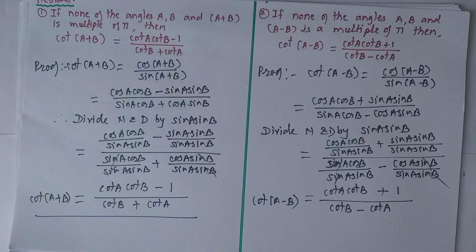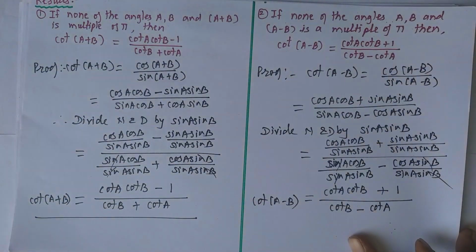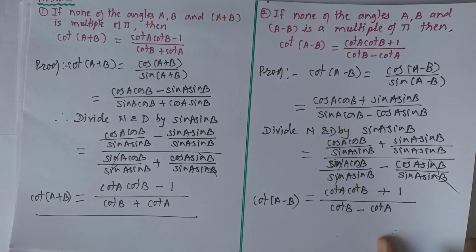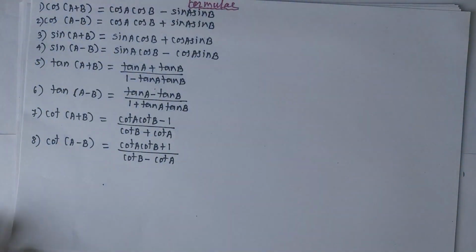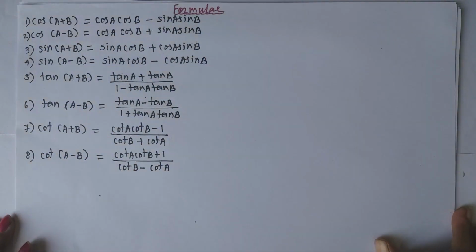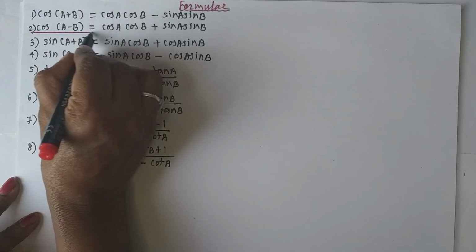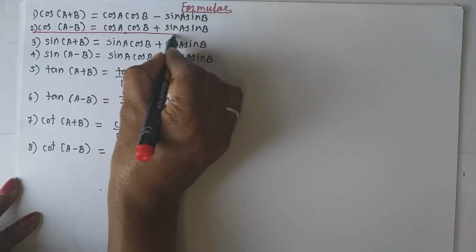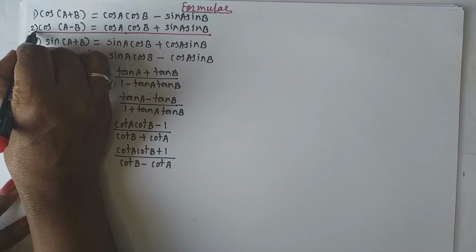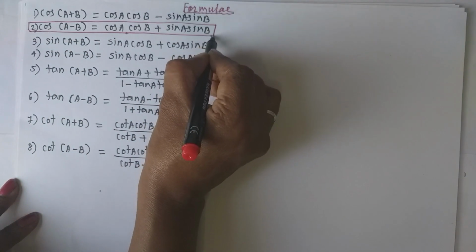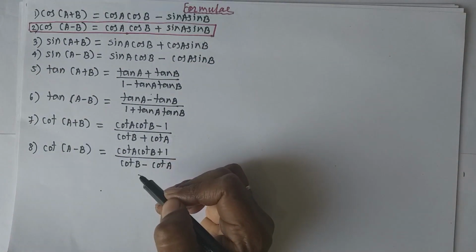Okay. It is very simple, and this result is very frequently used. There is no need to derive the formula; only 6 theorems and their proofs are very important. All the 6 theorems which we have derived, I have written here. This cos(A − B) is equal to cos A cos B + sin A sin B. This is our basic formula, and using this formula we have derived all these formulae.